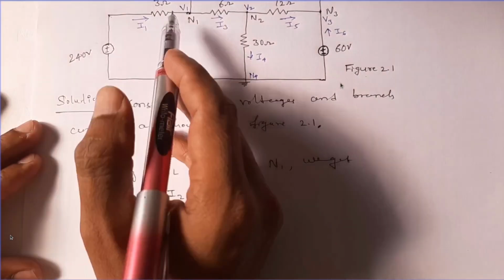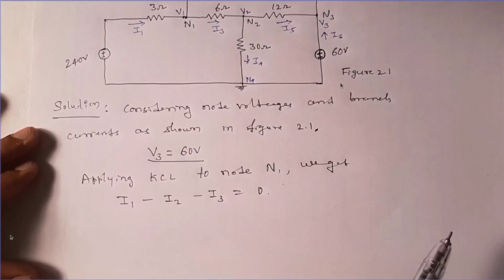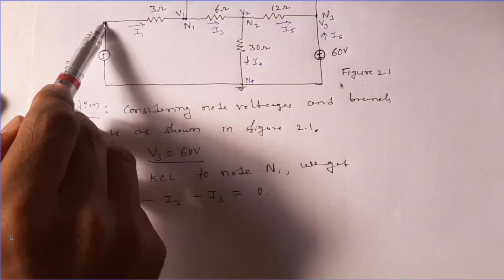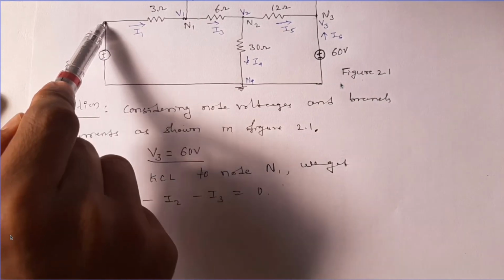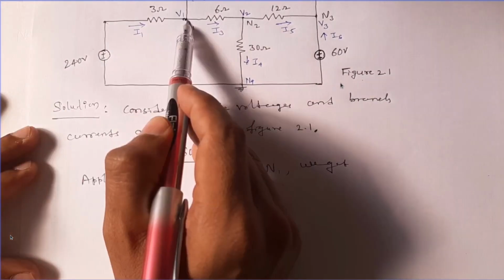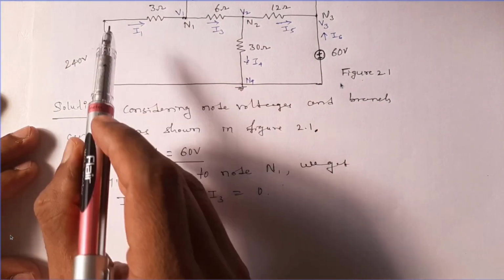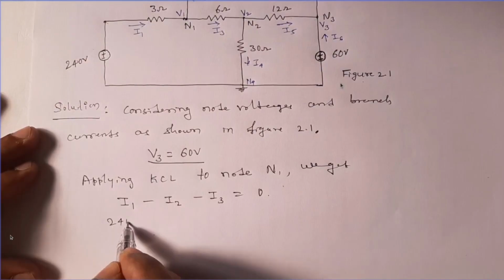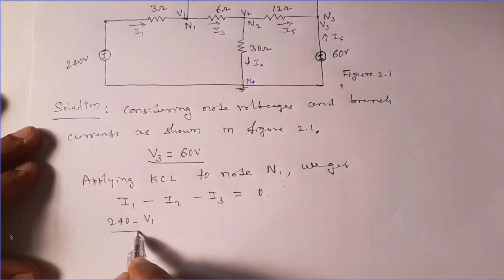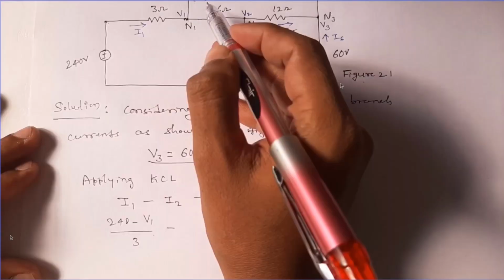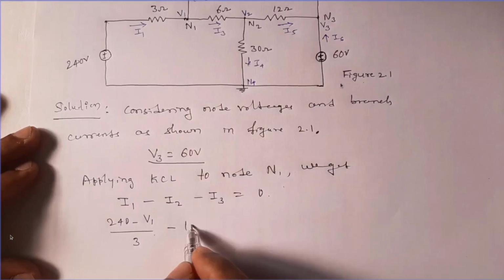What is I1? Look at dear students, it is very important. So how do I write I1? What's the voltage here? The voltage here is 240 and the voltage here is V1. Because current always flows from high potential to low potential, it is (240 minus V1) divided by the resistance 3, minus I2 which is directly given, it is 10, right?